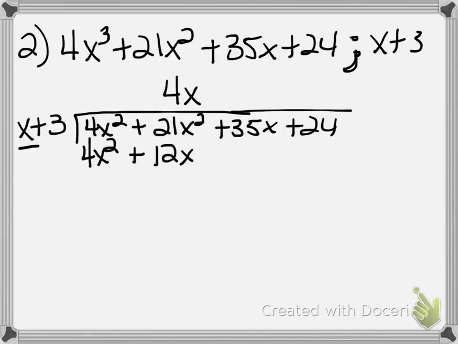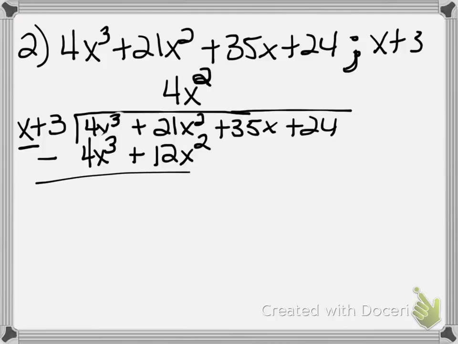Oops, you know what I just realized? I totally messed that up. This should be a 4x cubed. So what times x gives me 4x cubed? That would be 4x squared. Okay, so 4x squared times x is 4x cubed, and 4x squared times 3 is 12x squared.